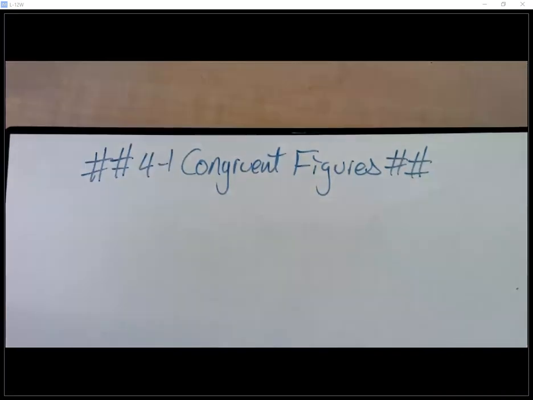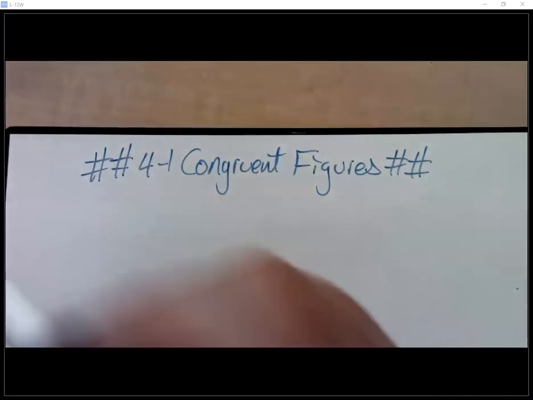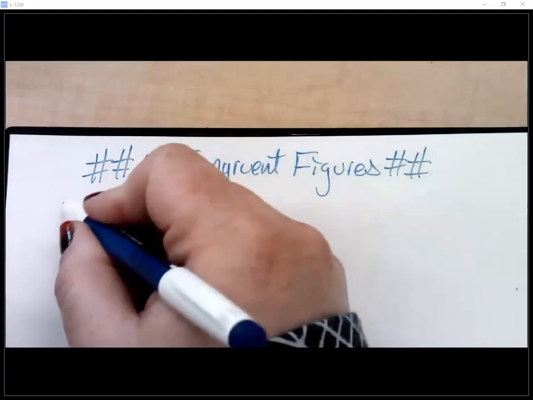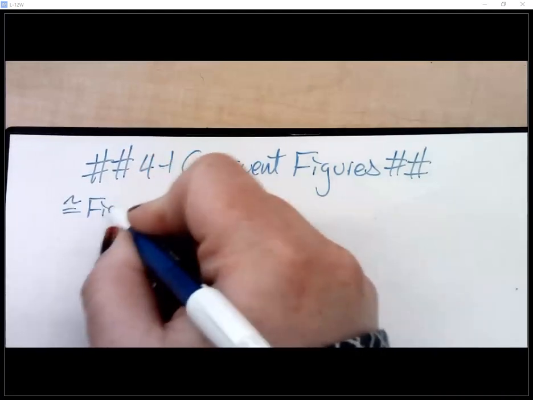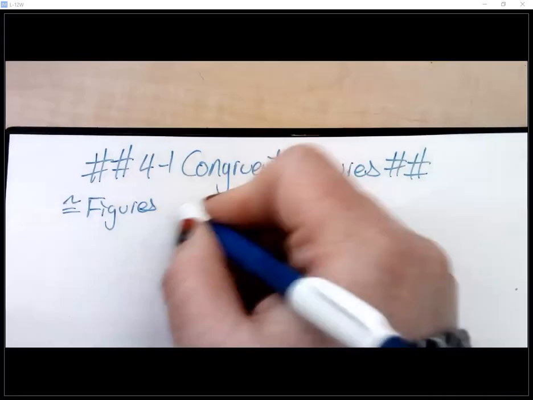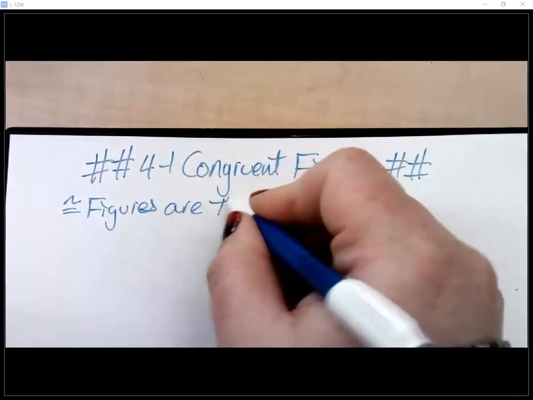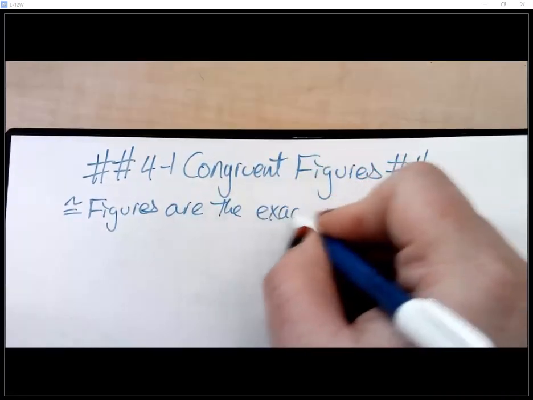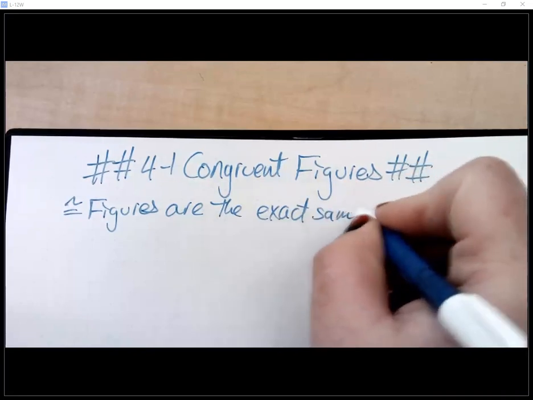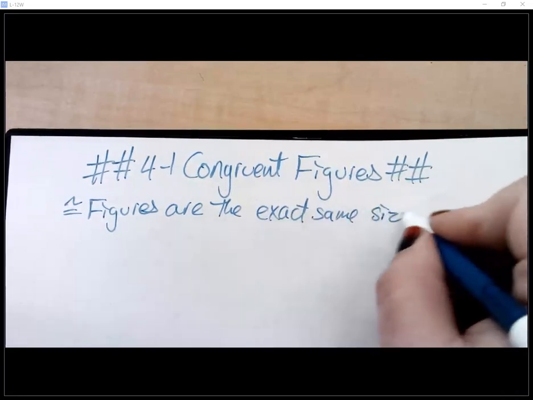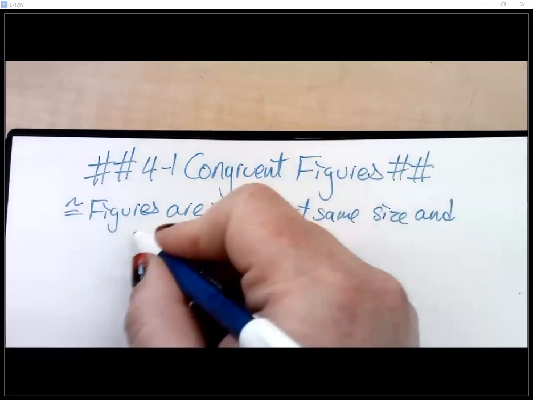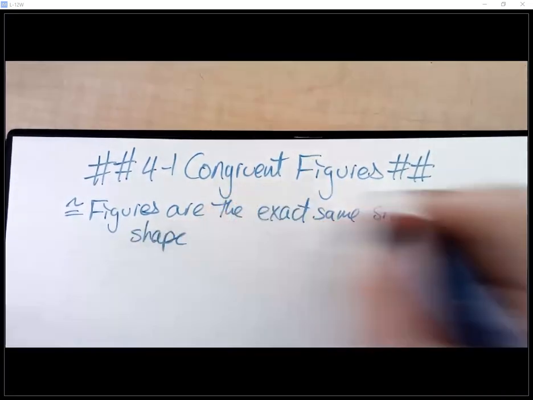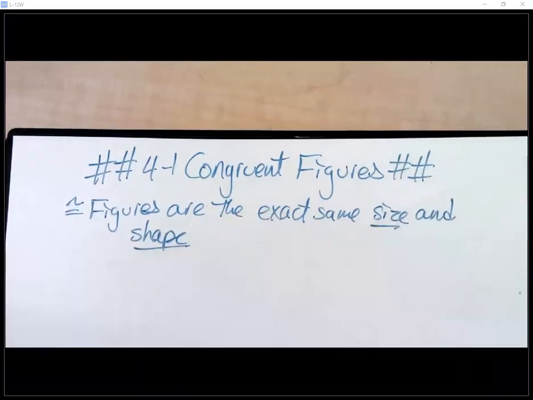Okay, so in order for figures to be congruent, they are the exact same size and shape. So it has to be both size and shape. So you can never have a triangle congruent to a rectangle, for example.